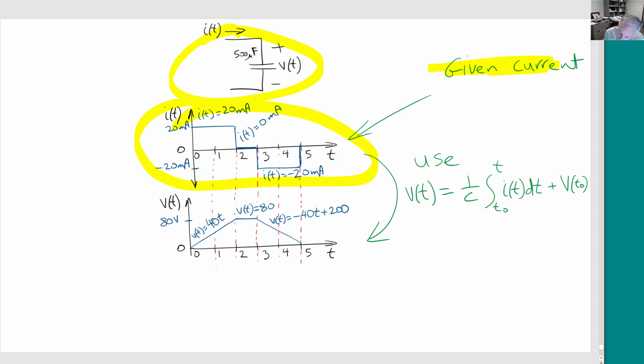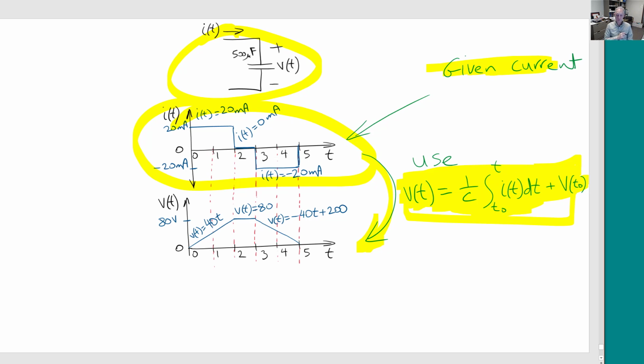Then we used this equation here to calculate the voltage. This equation takes the current and gives you a voltage. That's a very useful equation. So we went from current to voltage.